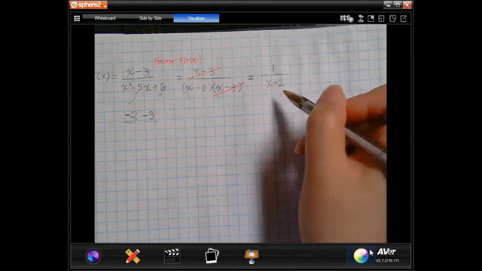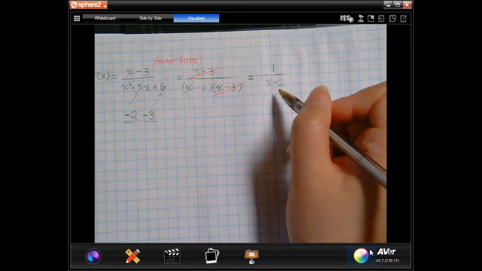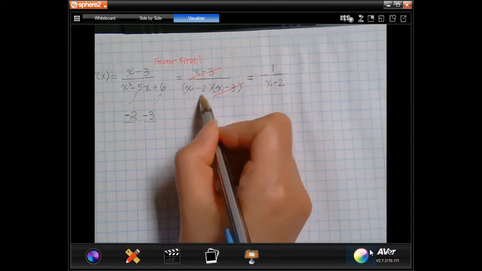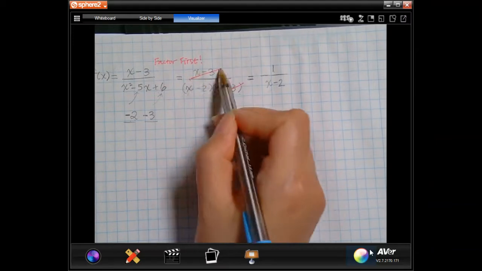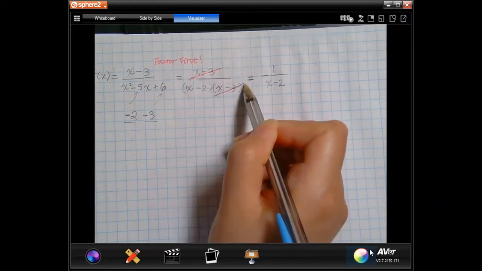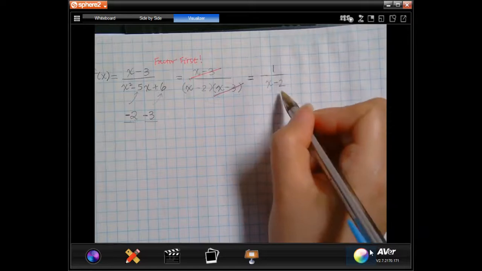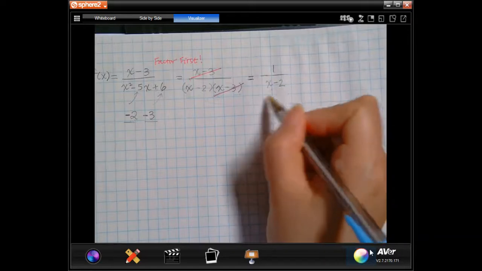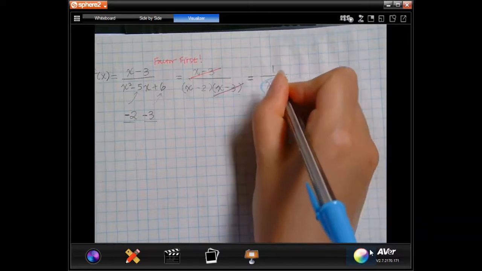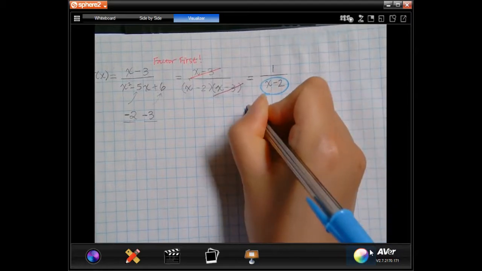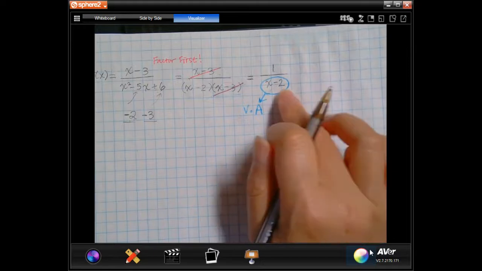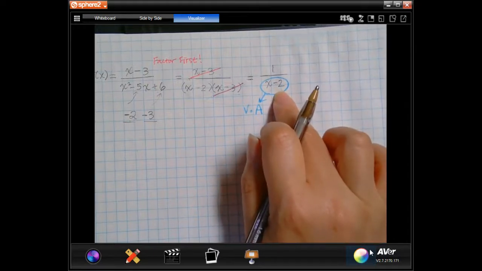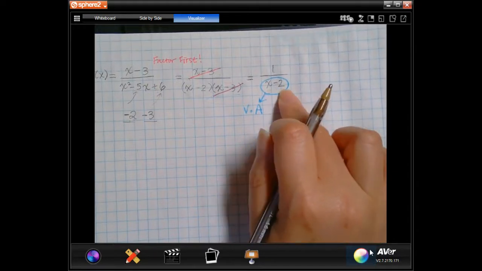The first, you have to find the vertical asymptote here. I used to have two factors on the denominator, but they canceled. So now I look at the surviving factor on the denominator and I will figure out the vertical asymptote from there. The factor that I have on the denominator currently is x minus 2.